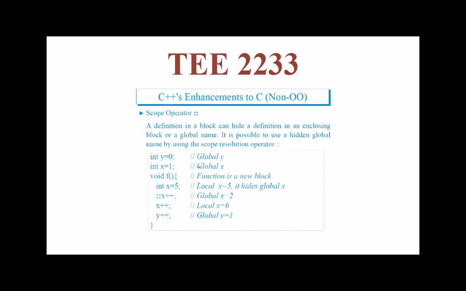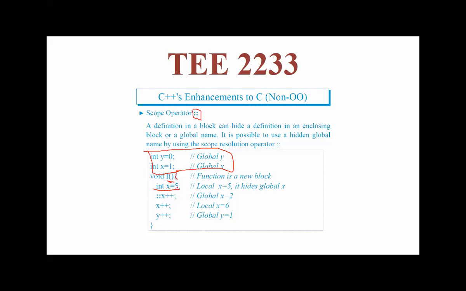Right? So we can also go on to use what is called the scope operator, which is the double colon, whereby if you say int y = 0, int x = 0, and these are not in any function block, they are global variables. Then you have void f, which is a function f, and you open the block here. Once you open the block, whatever you declare inside there, we have the scope of the f function.